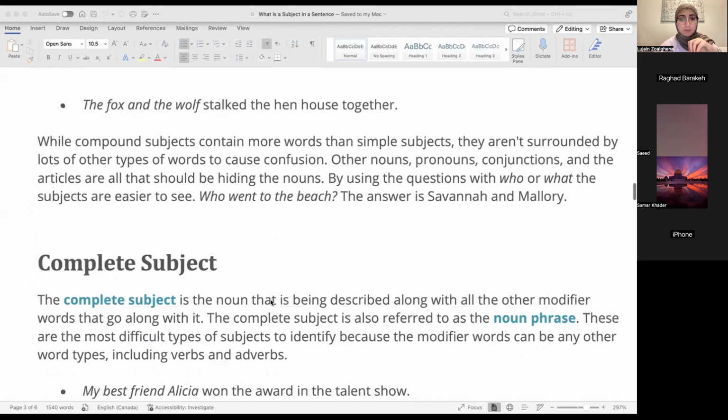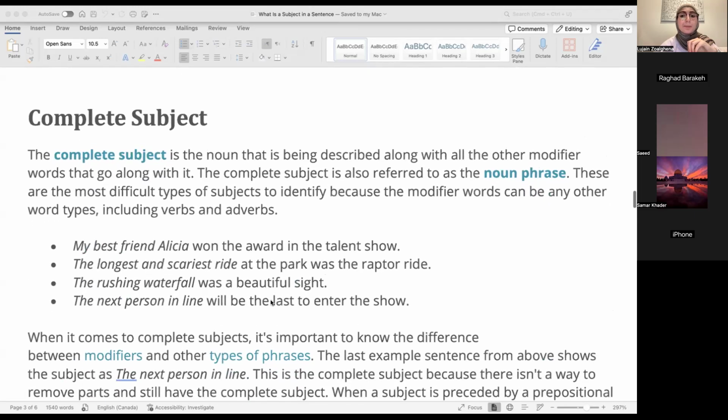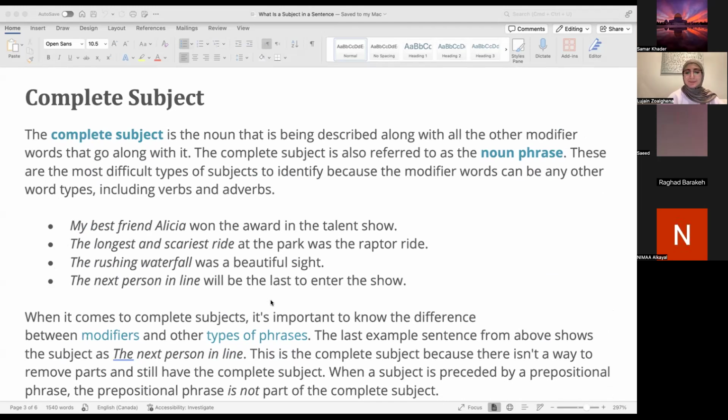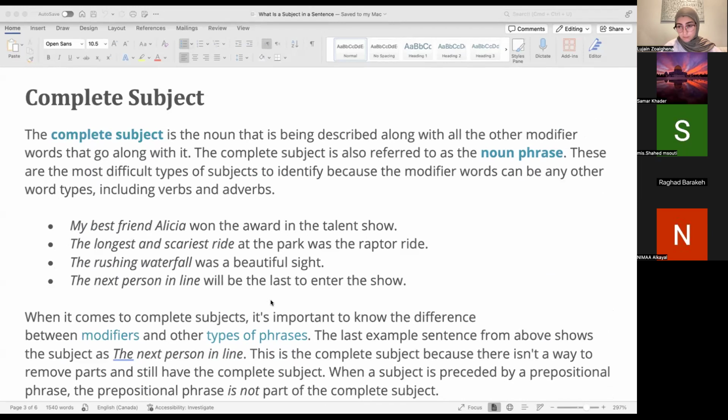Now the last one, complete subjects. Who wants to read it? The complete subject is the noun that is being described along with the other modifier words that go along with it. The complete subject is also referred to as the noun phrase.